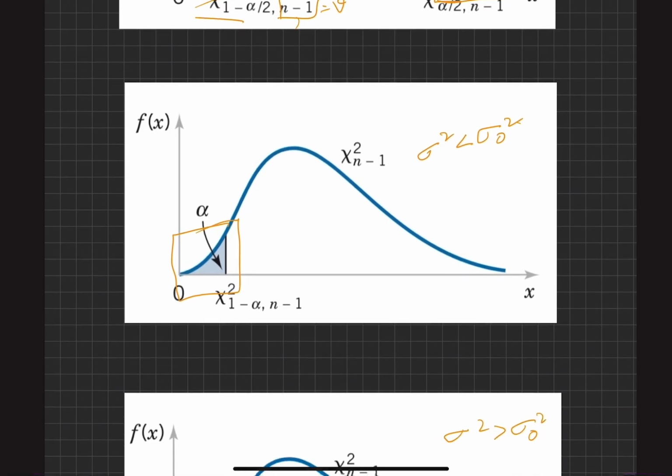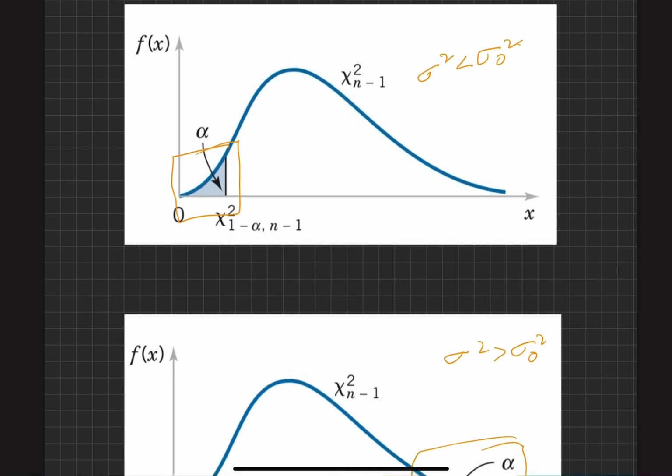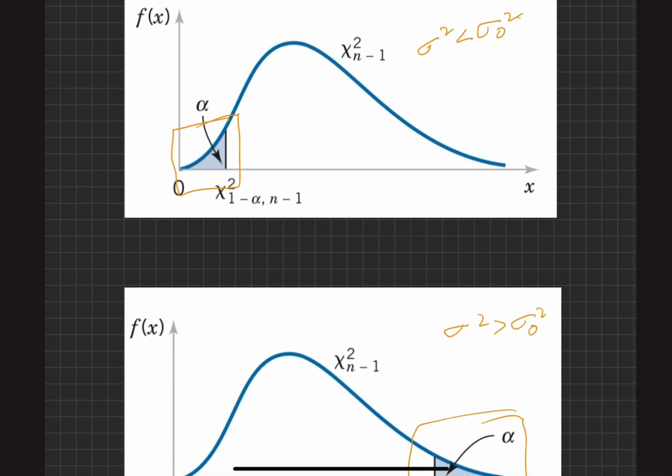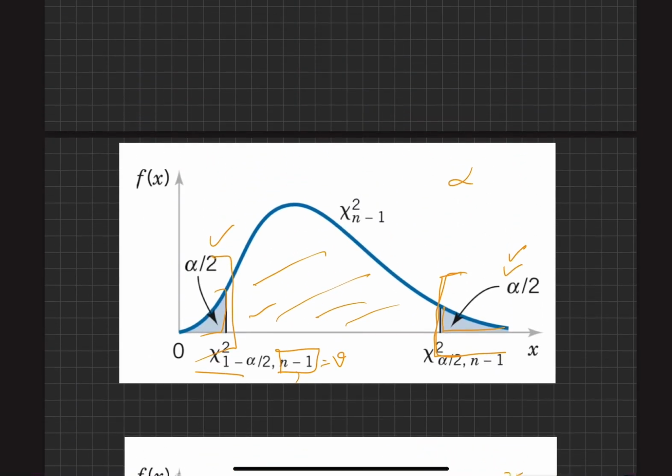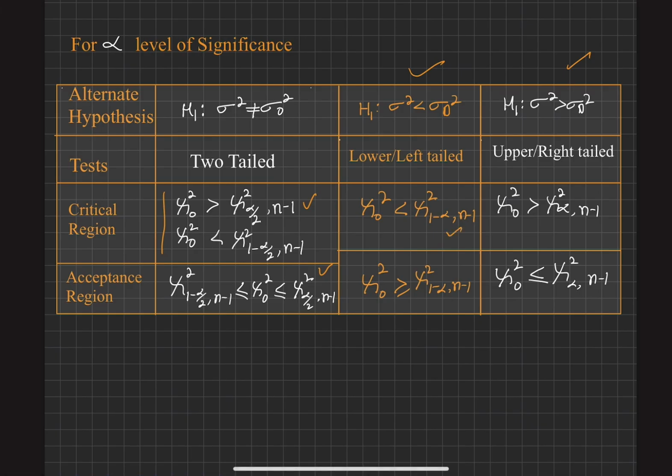But in single tail, that is left and right tail test, the entire area will be on only one side, that is either in the left side or in the right side. So we have here corresponding critical region and acceptance region.